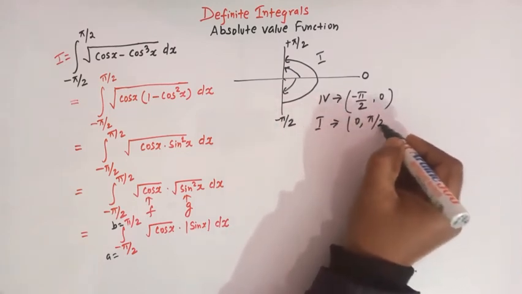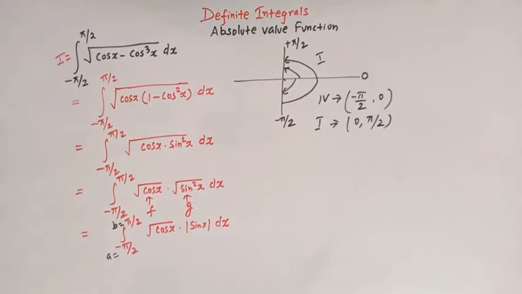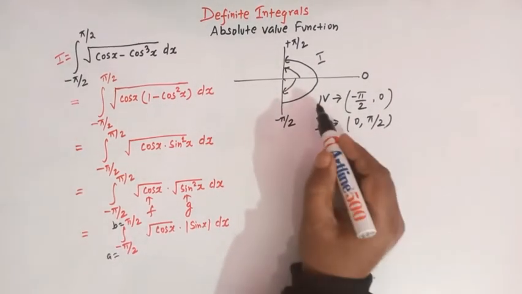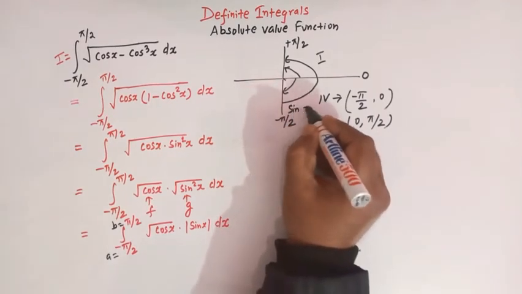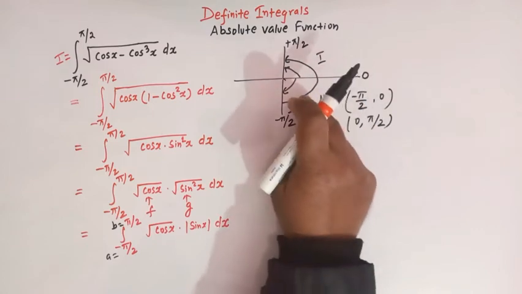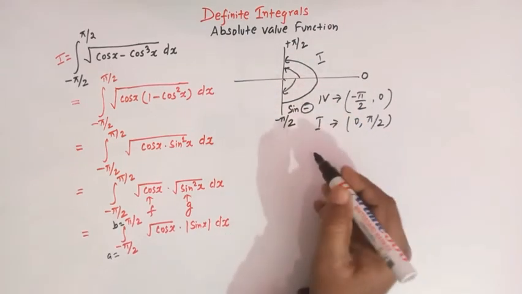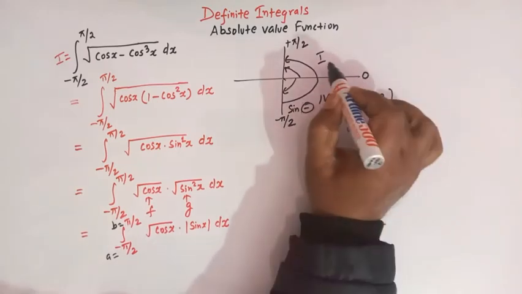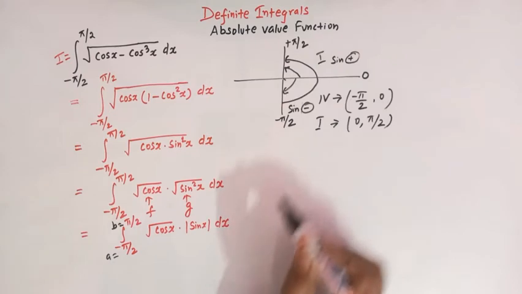And we know from trigonometry that the sine function is negative in the fourth quadrant, and in the first quadrant the sine function is positive.